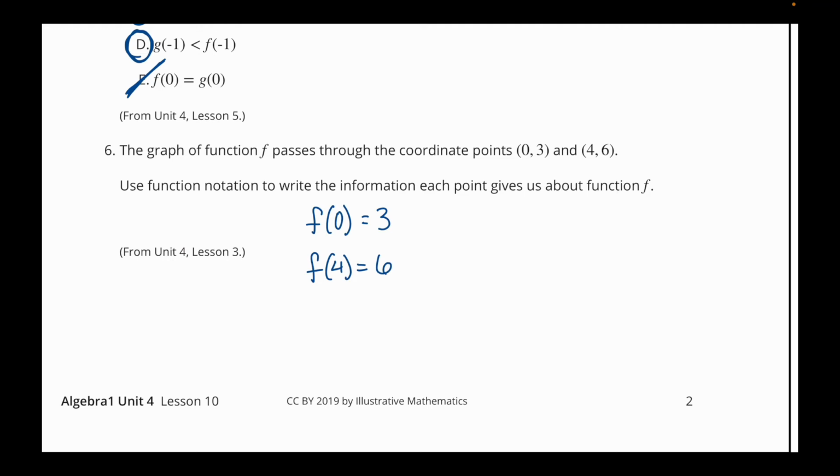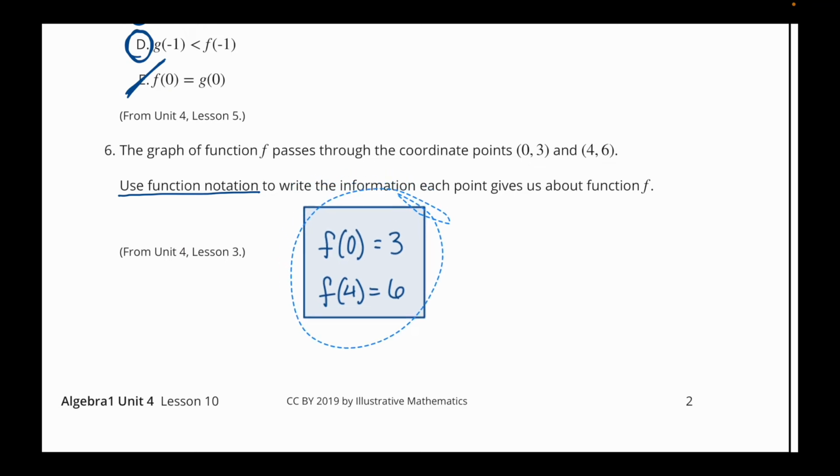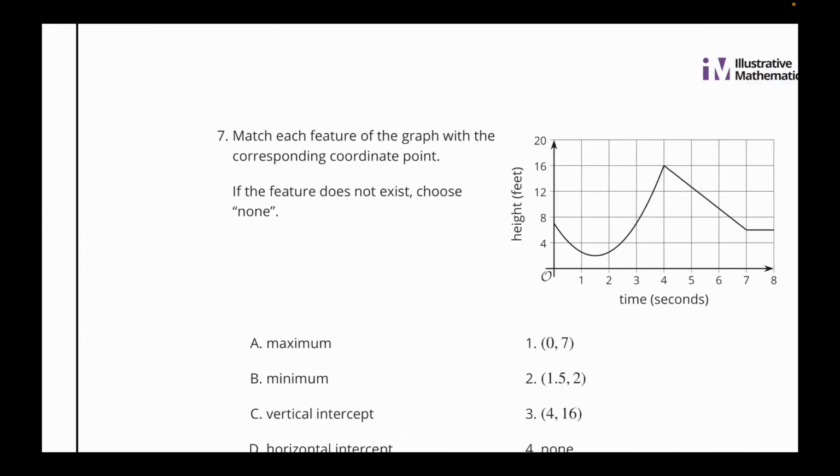So learn from my silly mistakes. Read it closely. Use function notation. All right. So these are our two function notations for these points. Input goes inside the parentheses, and output goes across the other side of the equal sign. Okay, now let's keep going.